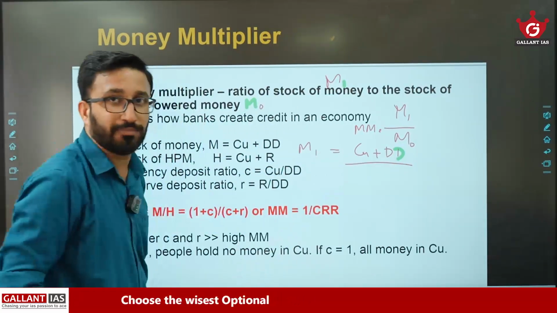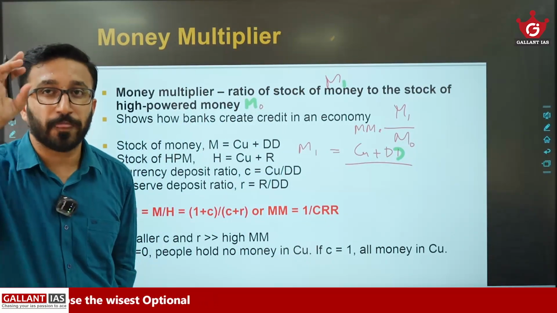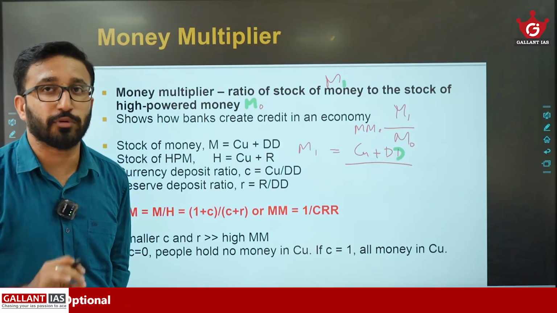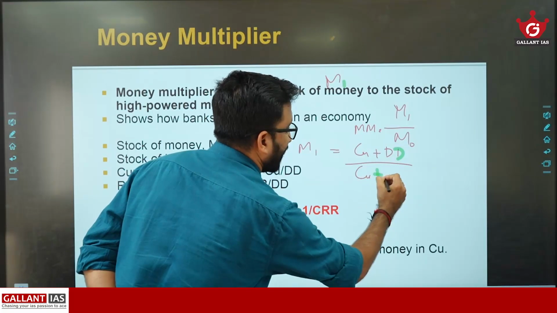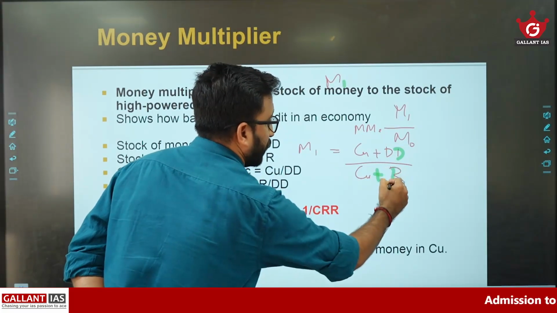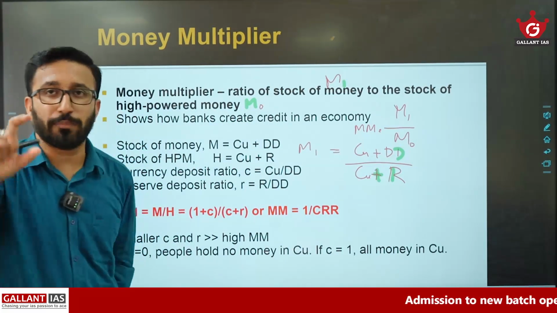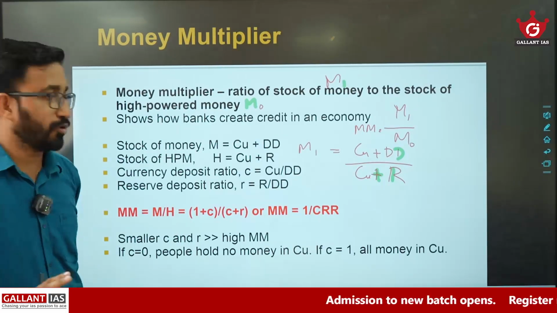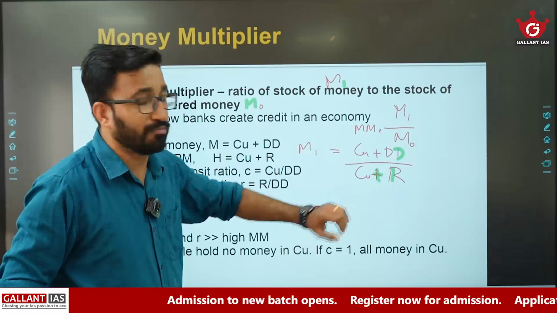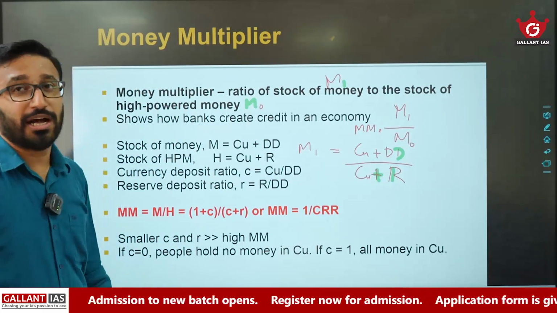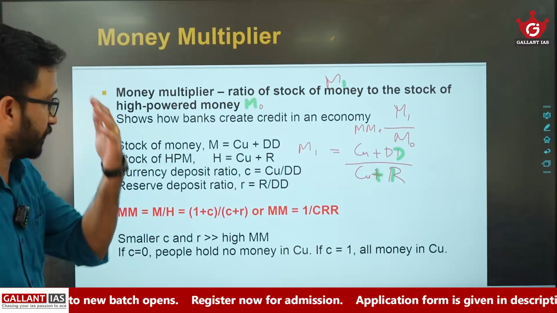What is M0? M0 consists of currency in circulation plus deposits of banks with RBI plus other deposits with RBI. So that means currency plus reserve. I am taking the deposits with RBI as reserve. So basically M1 is currency plus demand deposit and M0 is currency plus reserves.